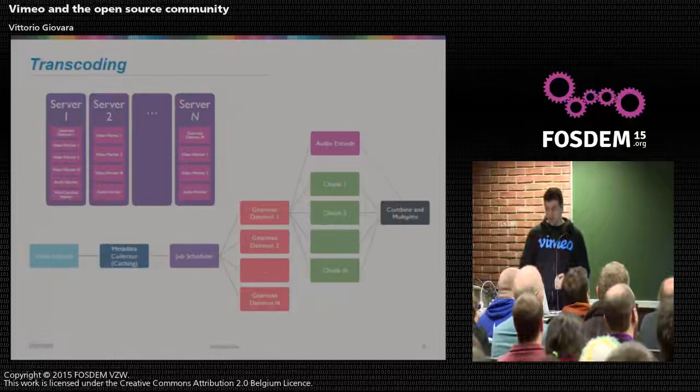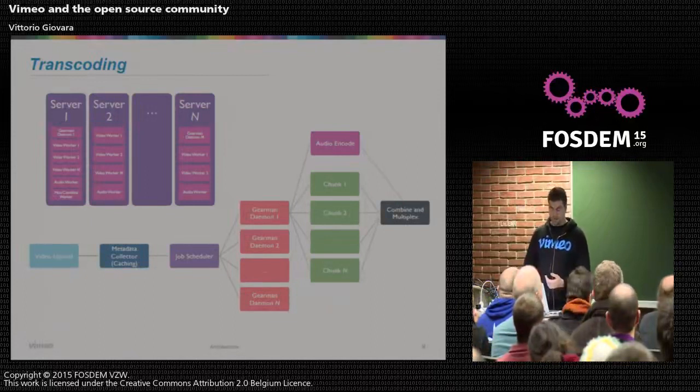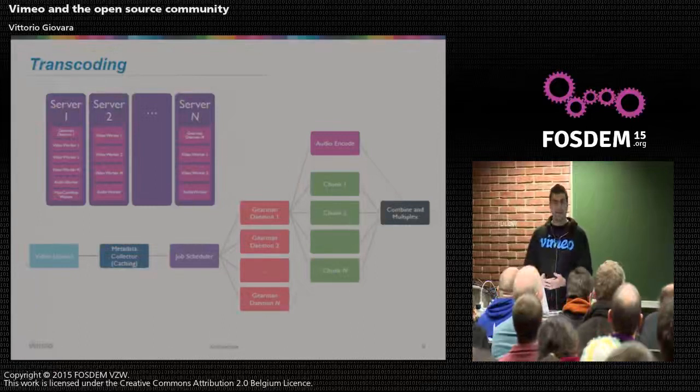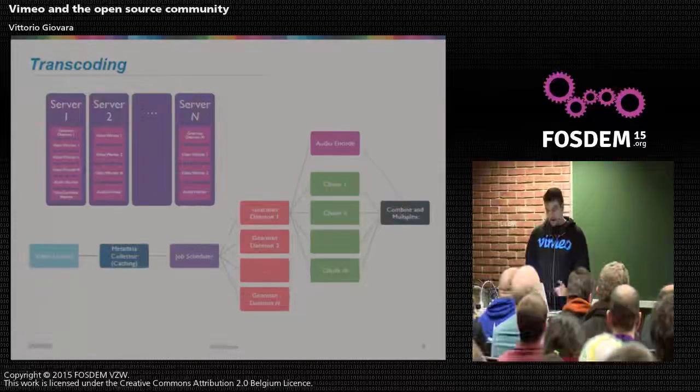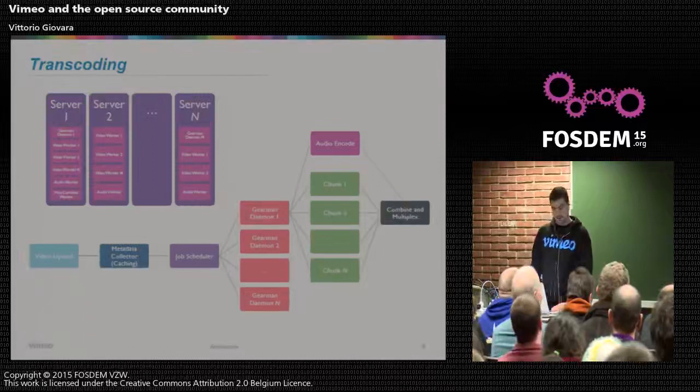As you can see, we encode the audio and video separately, and then we multiplex later. We have a job scheduler and metadata analyzer in order to have some valid data before starting a new job. I will go into more detail now.